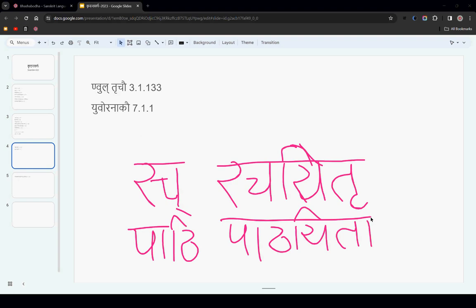Pratipadikam is pathayitru. Prathama ekavachanam is pathayita, like pita, karta.